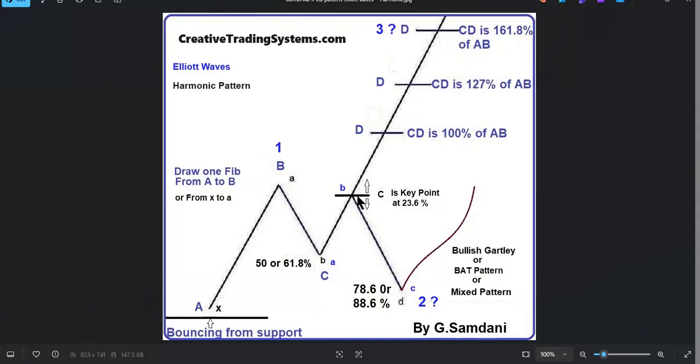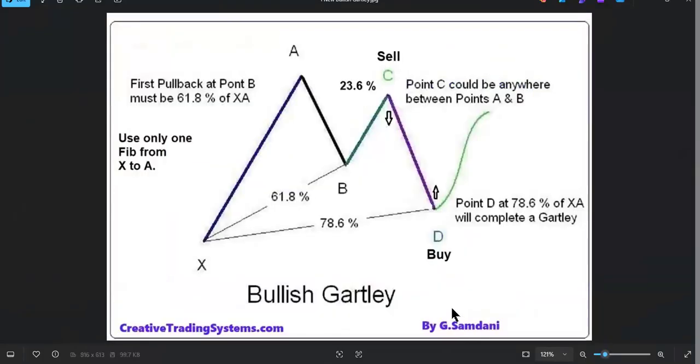But if it is going to drop and you have a reversal candle, then you look for a 7-minute short. But we also know that it goes all the way to here, 78%, according to this diagram, to make a Gartley pattern. So from the 23% line, if the price drops, you get the 7-minute entry and you go for 78%.